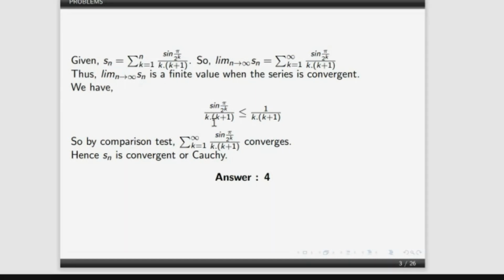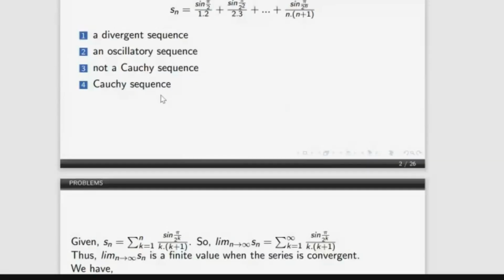That is the reason why this is always a positive term series. That is, sin(π/2^k)/(k(k+1)) is always positive, and that is the reason why we have used the comparison test. Okay. So as we have obtained, the answer is that it is Cauchy or convergent, and this is option 4.